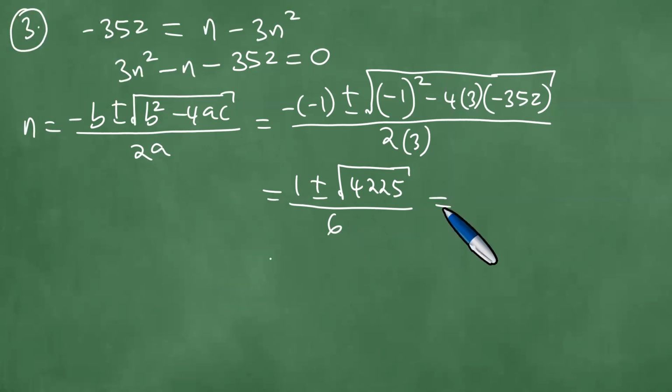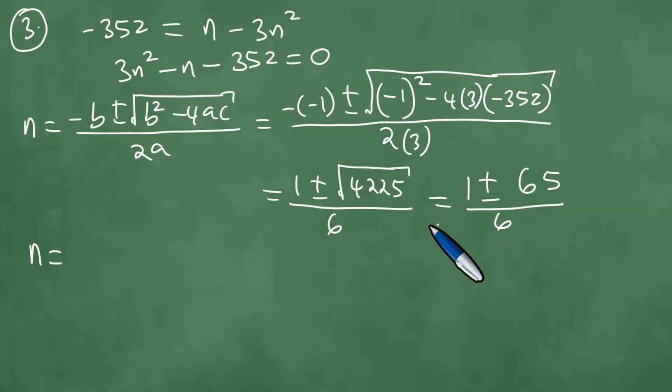And then we can just get the square root of that one. Maybe somebody already has the square root of 4225. 65. Okay, getting 65 out of 2. Thanks for trying. So that we have n equals 1 plus 65.